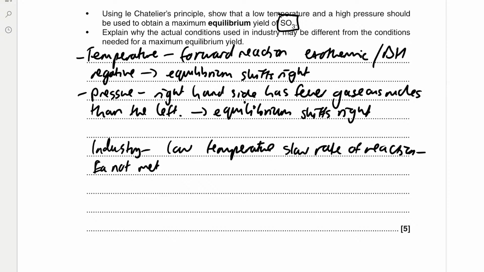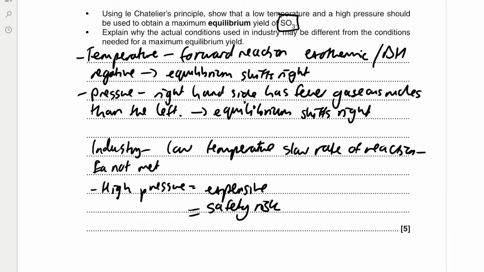And then you can also say high pressure is expensive to maintain or is a safety risk because it could be explosive.